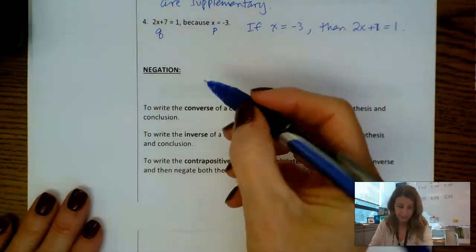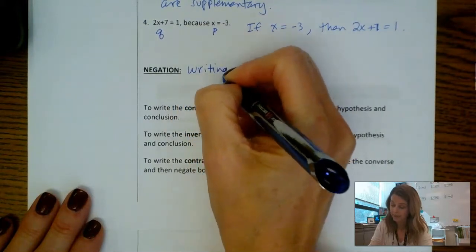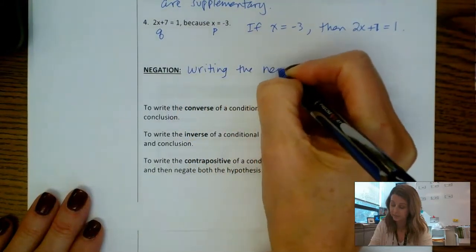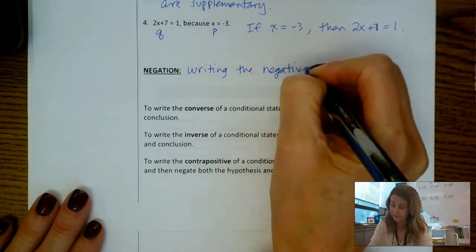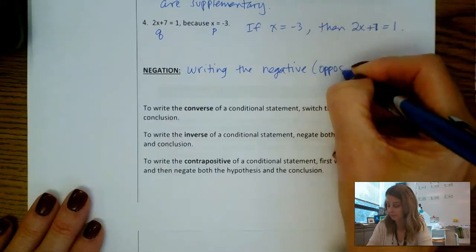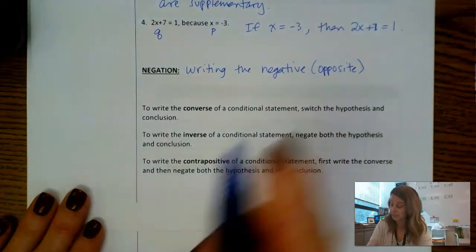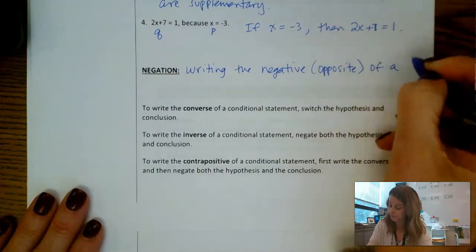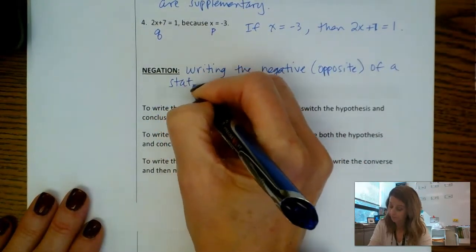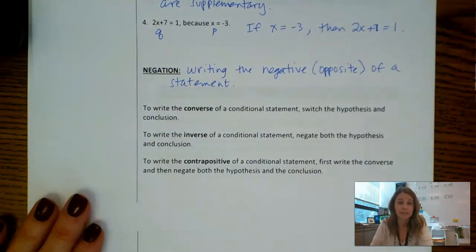So negation would be writing the negative, or opposite. I'm going to put opposite in parentheses. Writing the negative or opposite of a statement. So to negate a statement is to write the exact opposite.